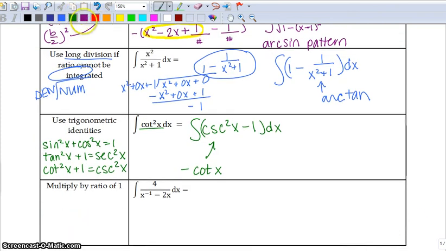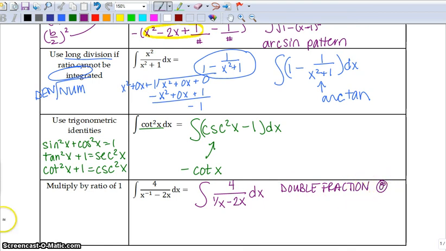And the really bizarre one, multiplying by what I like to call a funny version of 1. If we rewrote it, x to the negative 1 is 1 over x minus 2x dx. Well, nobody really wants double fractions, or complex fractions, if that name rings a bell.